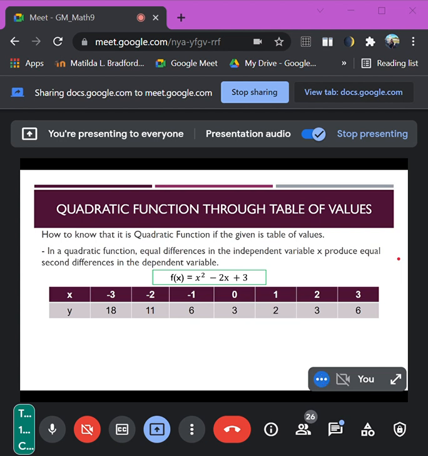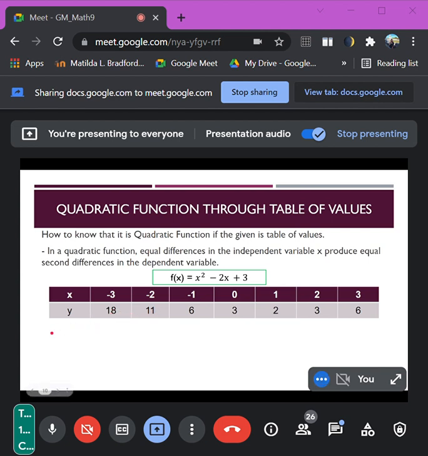So what we will do, class, is look at the values of y, and we are going to find the first differences and the second differences. Your differences, class, you are just going to subtract. So this is 11 minus 18.